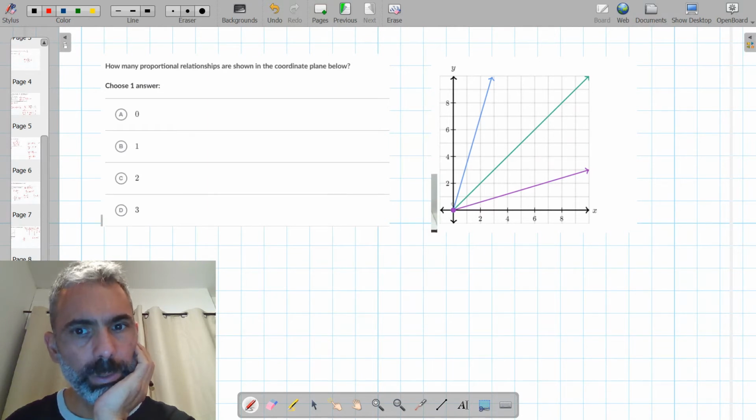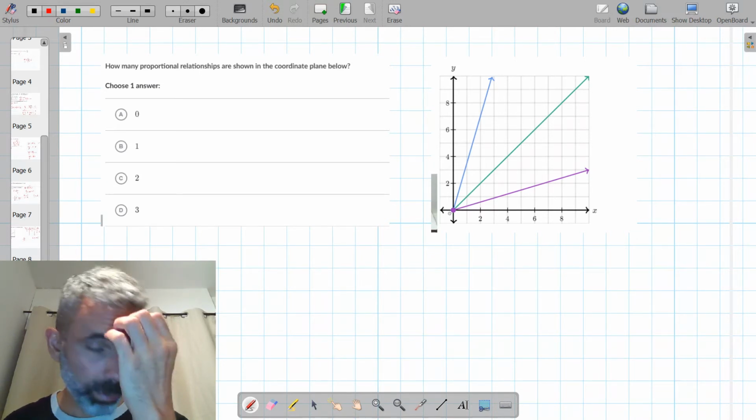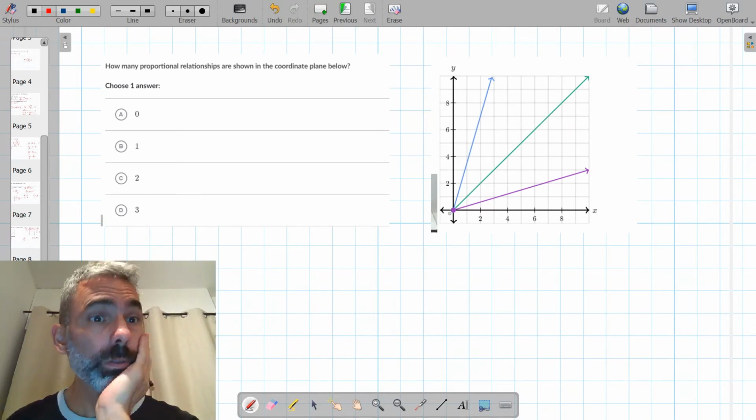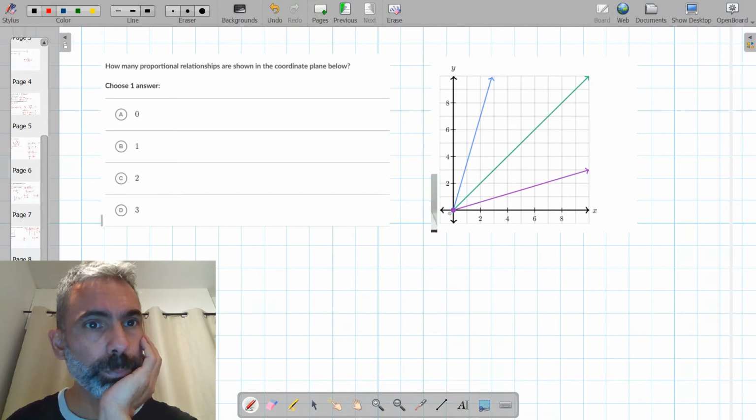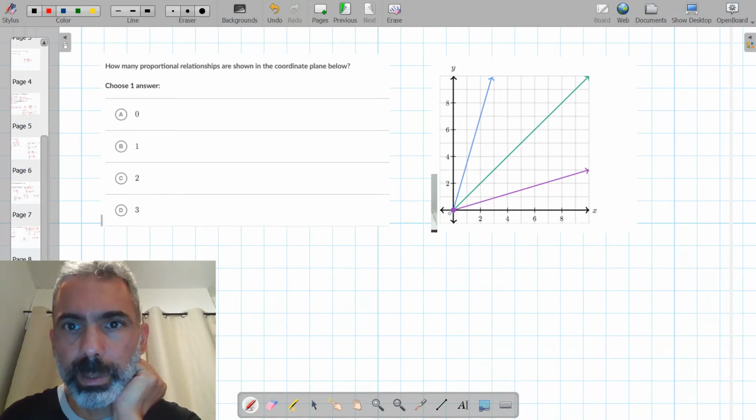They are all going through the origin. So I guess they all represent proportional relationships. Let's verify. So here we have 1 point, which is 7 over 2.